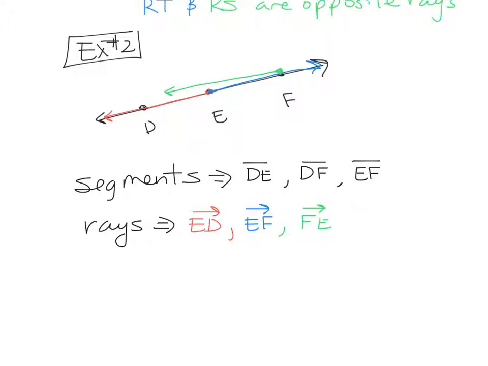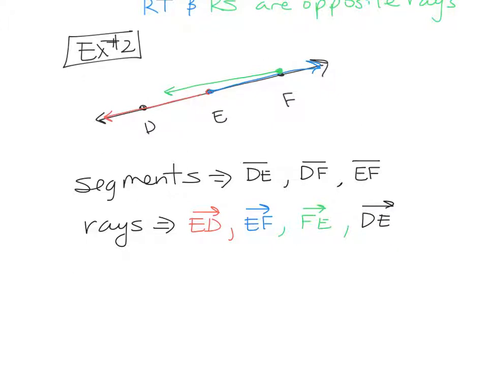So you don't have to give me FE and FD because it's the exact same endpoint going through all the same points, okay? So what about D? If we start at D, you could name it what? DE or DF, and it's the same ray. So DE or DF with the ray over top, okay?